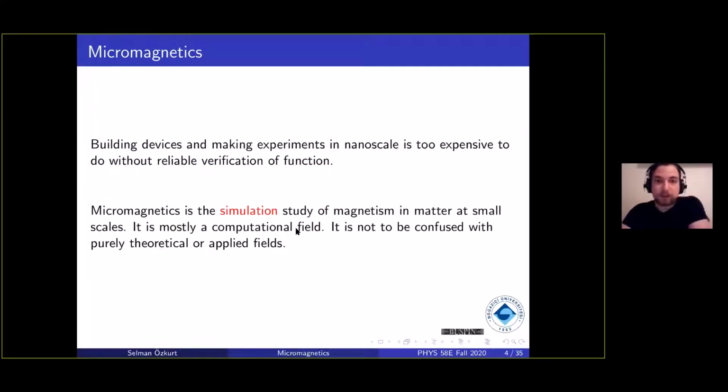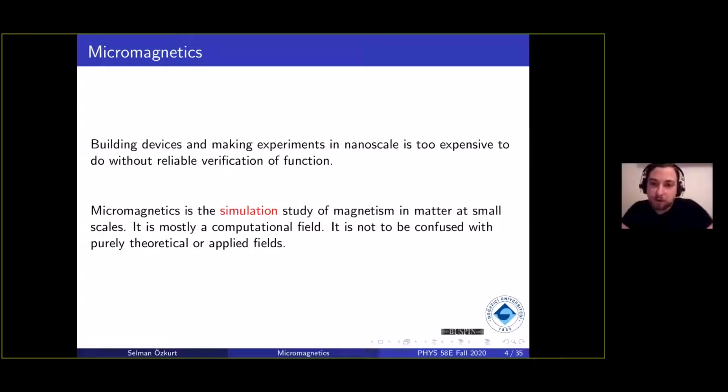First of all, let's discuss what micromagnetics is. It is not an experimental or theoretical study, but rather a numerical computational study. So basically, when you hear micromagnetics, what should be thought of is a simulation study in general, but a simulation study involving nano devices making use of magnetic phenomena.